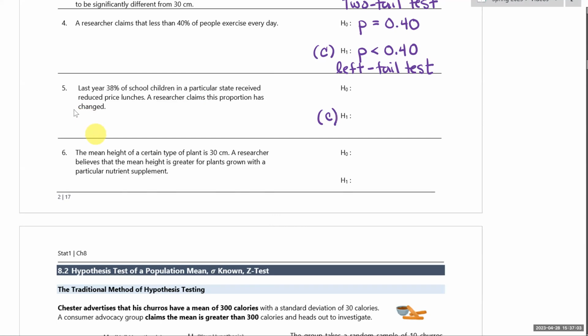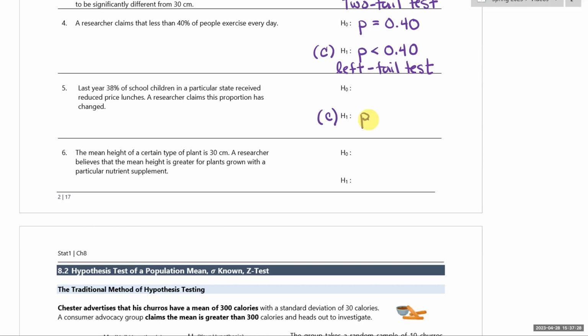All right. Last year, 38% of school children in a particular state received reduced price lunches. A researcher claims that this proportion has changed. All right, so our claim now, they say proportion, so now it's easy to recognize p there, population proportion. They think it's changed. So they don't say they think it's higher. They don't say they think it's lower.